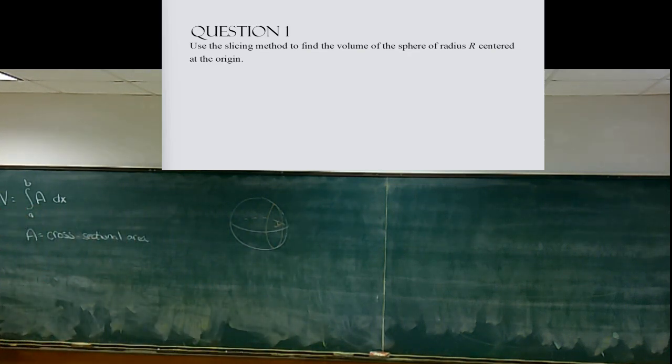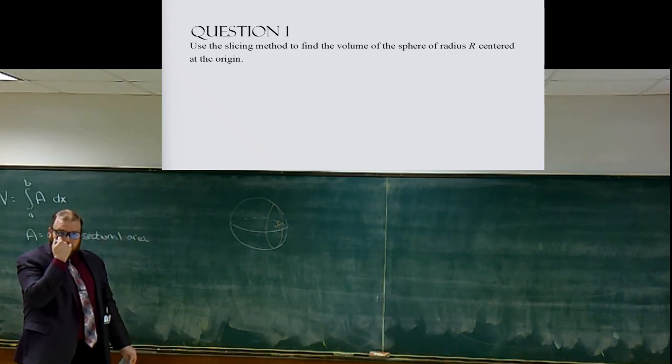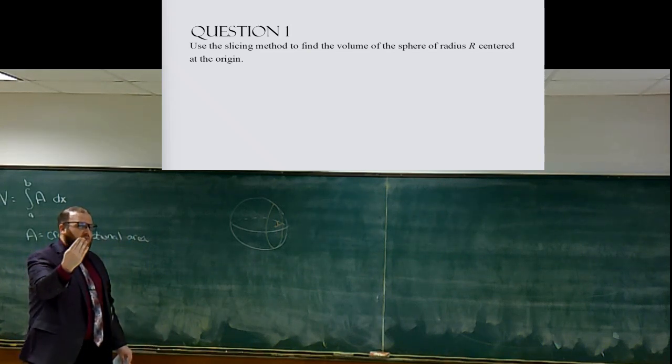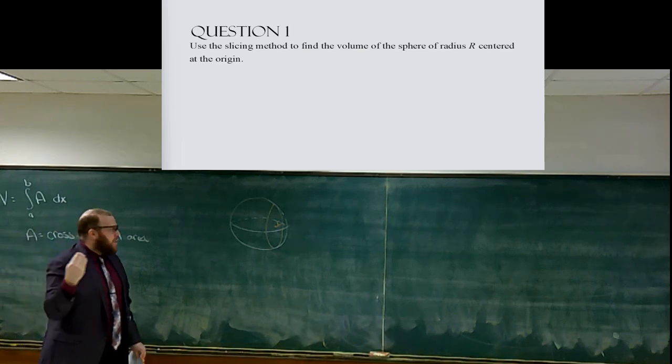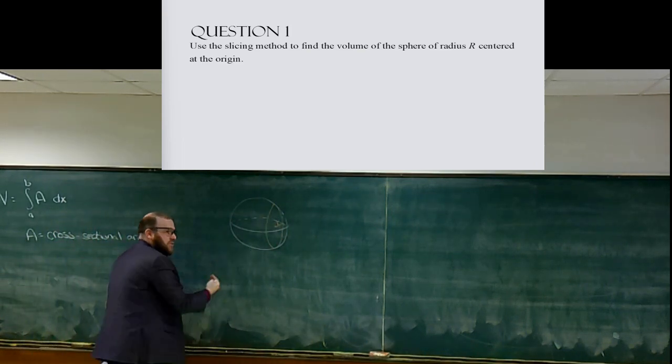Cross section of a sphere is a circle. The circle is going to have radius little r. The radius of the cross section is solely dependent on where on the sphere you're taking the cross section. If you take the cross section here, obviously the radius is going to be smaller than if you take the cross section right in the center.